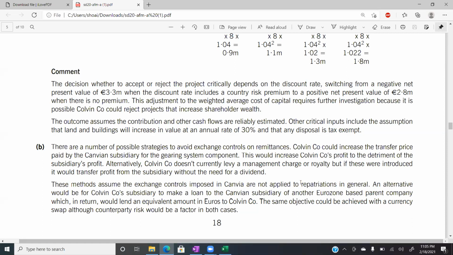Repatriation means if you give funds to another country. Let's suppose we are sitting in Pakistan and we have opened a subsidiary in UK, and that subsidiary is annually paying us cash flows in shape of profit, royalty, management fee, or anything. Those annual inflows are the repatriation from the UK to Pakistan. Okay.